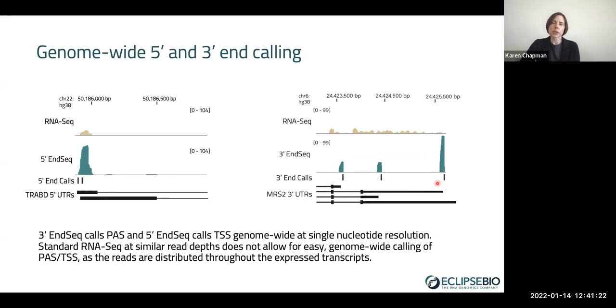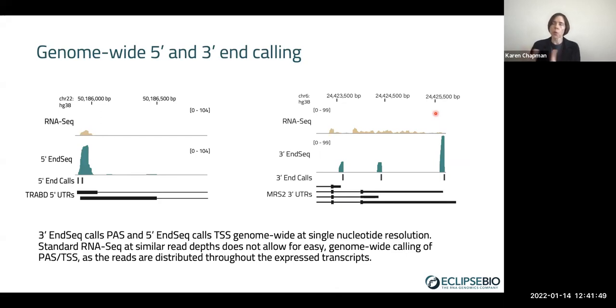And I think it's also interesting, you can see the relative usage between these different 3' end sites by the height of the peak there. And shown up here is traditional RNA-Seq. So you can see the RNA-Seq reads are going to be spread out all over the gene, whereas with the End-Seq data, you're really concentrating those reads right at the 3' end.